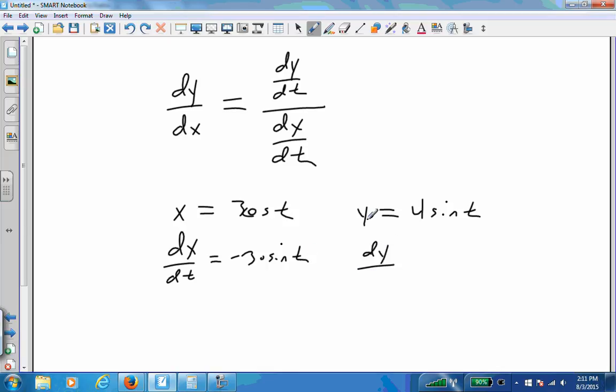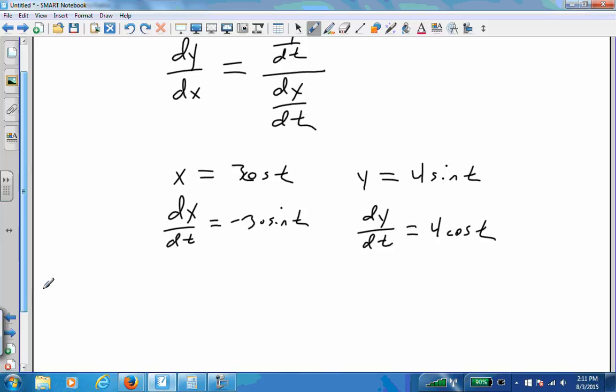We take the derivative of y with respect to t, we get dy dt equals 4 times the derivative of sine, cosine t. So our slope, dy over dx, is dy dt over dx dt.